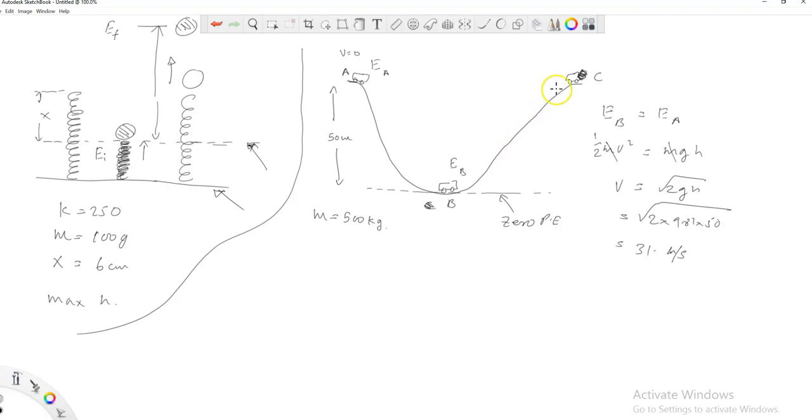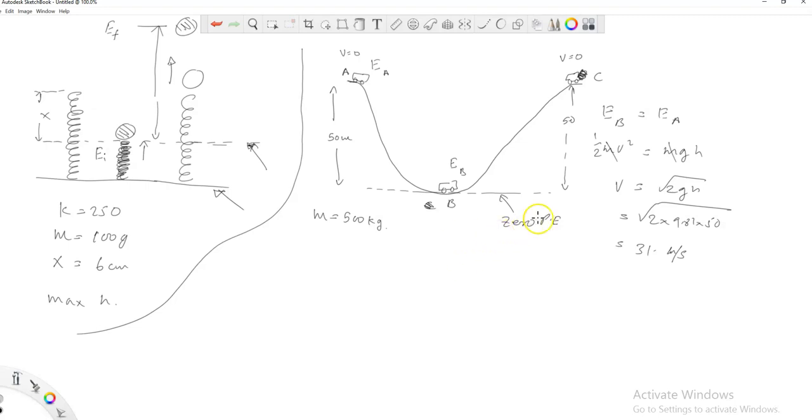So by the time it reaches the same height, 50 meters, it should lose all that kinetic energy, and all of it should convert into potential, so it should reach the same height of 50 meters. And again over here velocity will become 0.